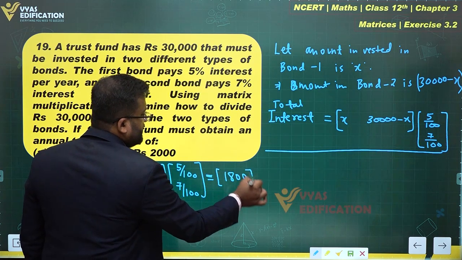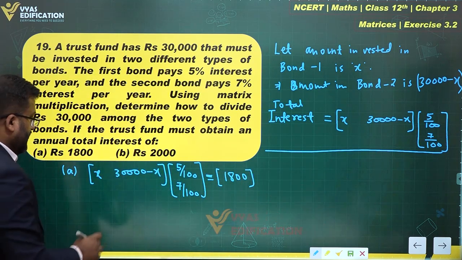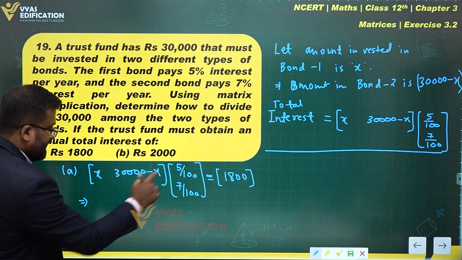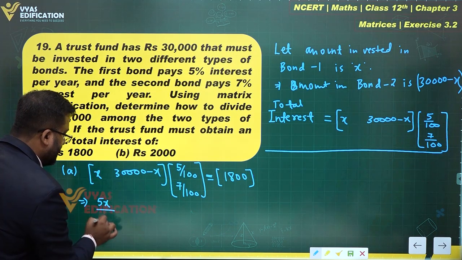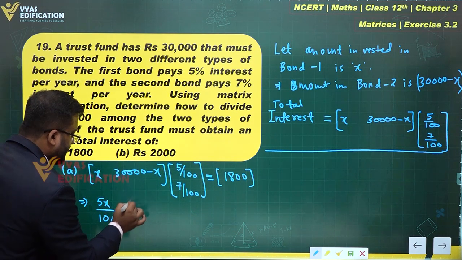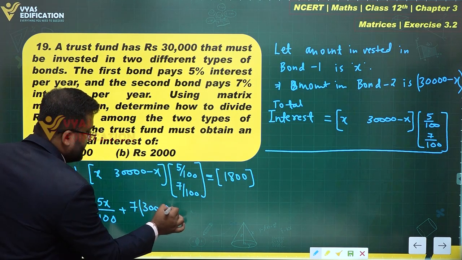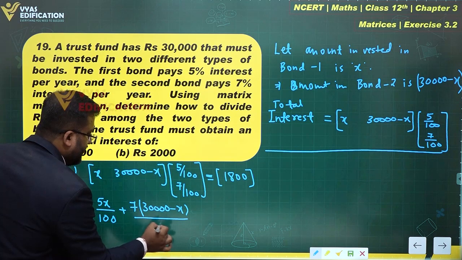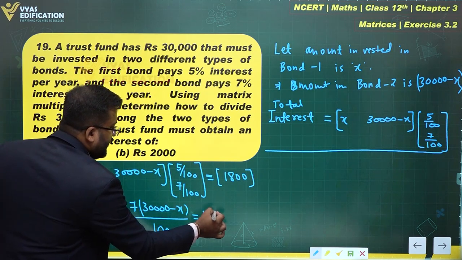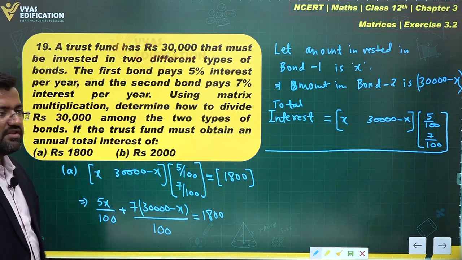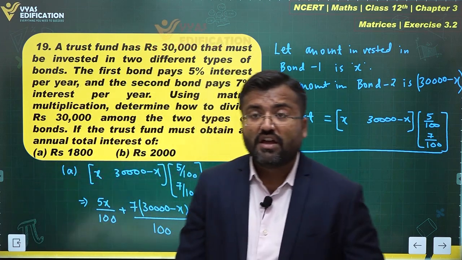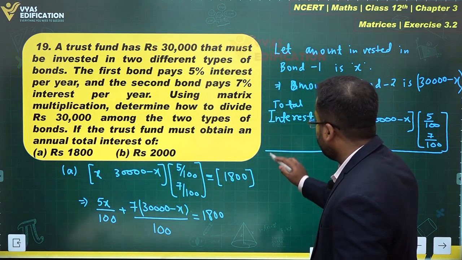This is a 1 by 1 matrix. On solving, let's multiply. This is 5x over 100 plus 7 times 30,000 minus x over 100 is equal to 1800. That's what you obtain, right? This is the equation that you get. Can you solve this equation to get the value of x? Yes.